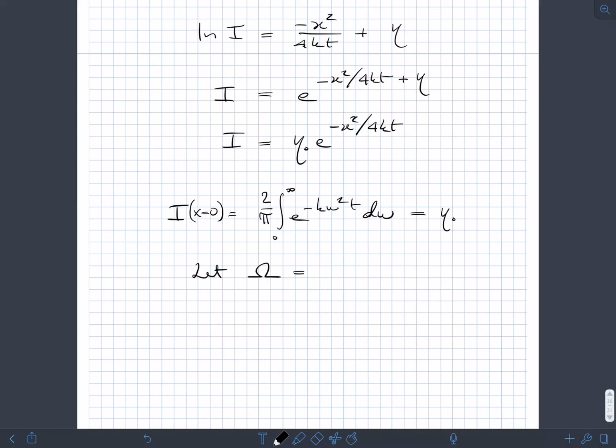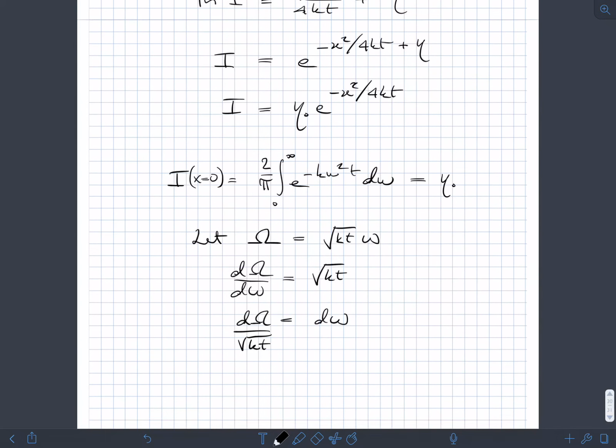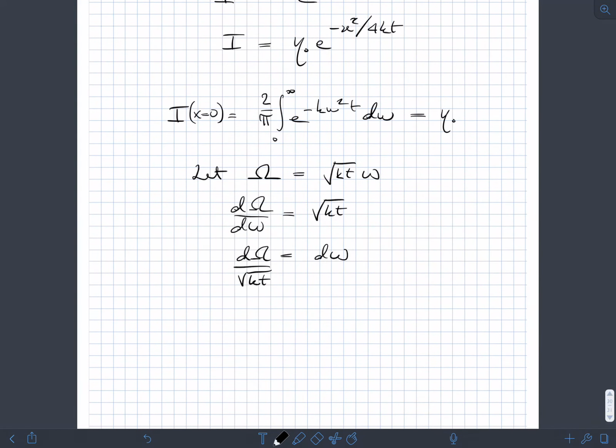Well, I want capital omega squared to equal that stuff up there. So I'm going to take the root of k and t and then omega. And then d capital omega is going to be equal to root kt d lowercase omega. All these omegas. Sweet.